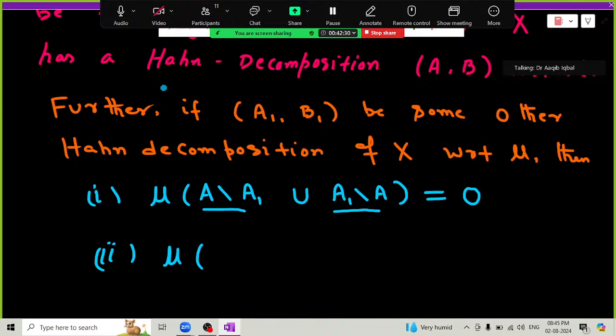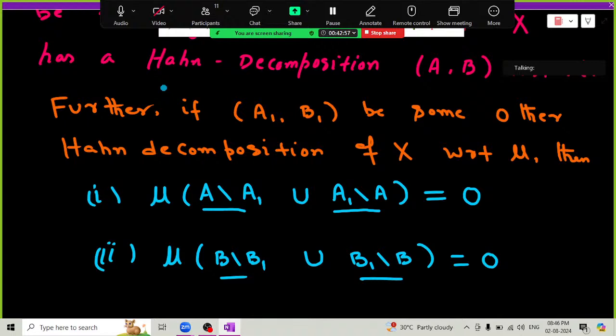mu of B minus B1 union B1 minus B, this will again be 0. Again this is the union of these two differences. Can someone tell me what this union of these differences is called in set theoretic terminology? Symmetric difference.